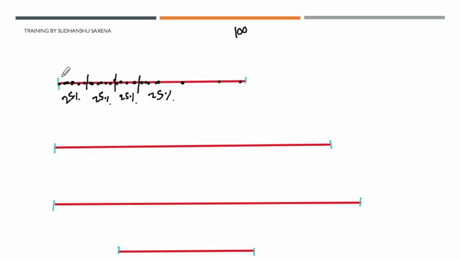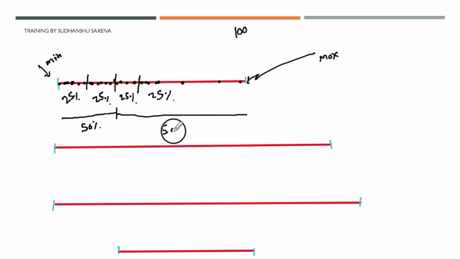So this is my minimum value over here, and this value over here is my maximum value, and this value over here, which is dividing this data into 50% over here and 50% over here, is my median value.